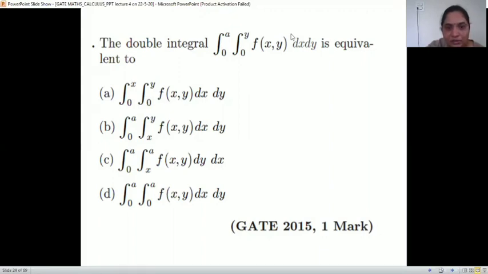Yes, change the order. Just change the order and tell me which one is the correct option. So first, the inside part is the limits of x and these are the limits of y. Right? x is 0 to y, y is 0 to a.